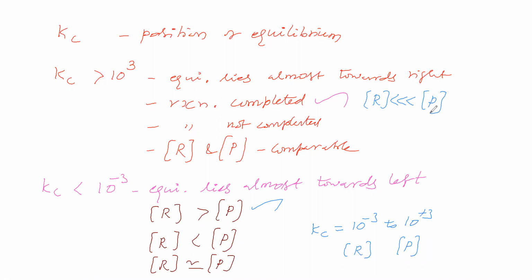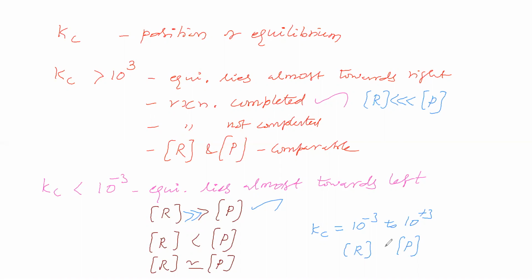Equilibrium lies almost towards the left means you are saying the concentration of reactant is much higher. Okay. Now the equilibrium constant lies in between these two. Shall we say the concentrations of reactant and product are comparable? Or that the reactant is much higher, or the product is much higher?